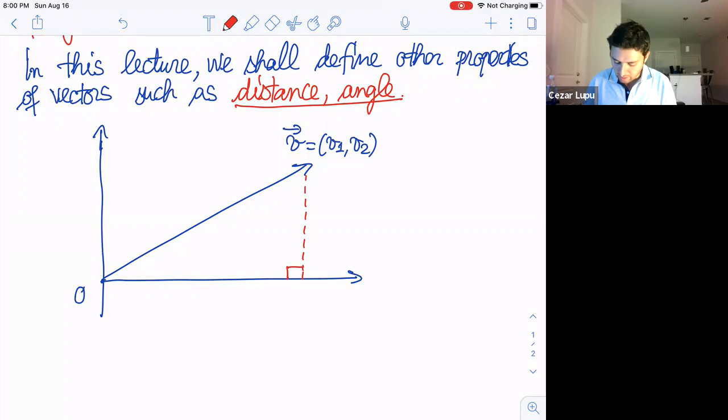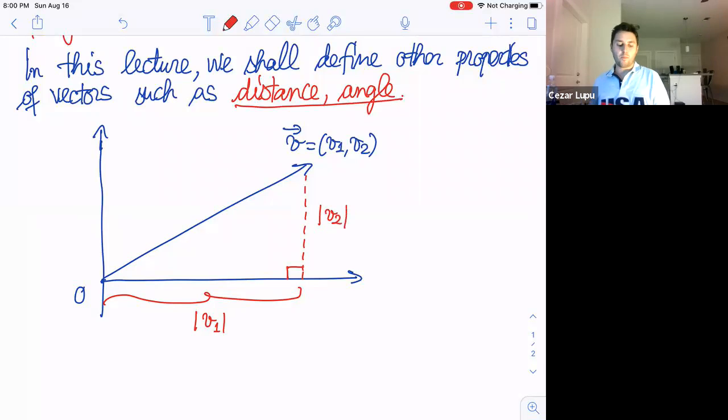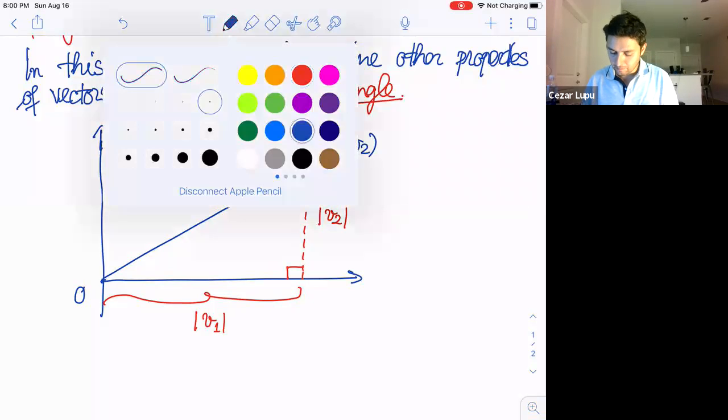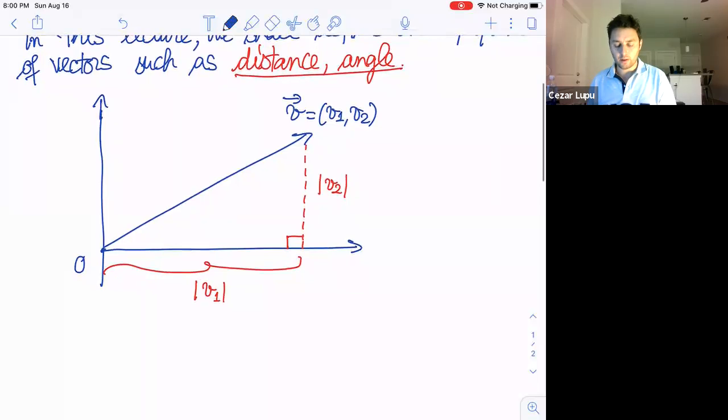The distance from here to here is nothing else than just the absolute value of v1. And this guy here will be nothing else than just the absolute value of v2. Now, by the Pythagoras theorem, this is a right angle triangle.